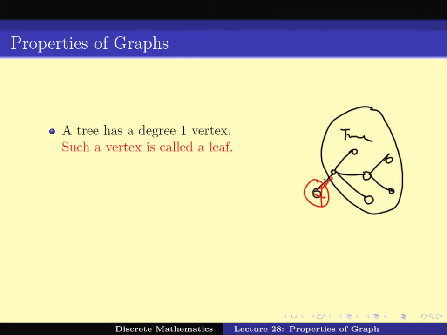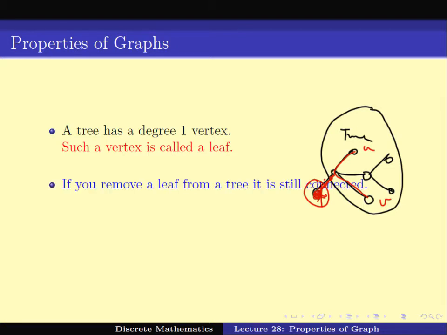The fact is that yes, it will remain connected. Why? Because any path from, say, U to V cannot use this vertex, so it must go via a path without using this vertex. So if I remove this edge, no pair of vertices is disturbed. The only pairs that get disturbed are those involving this particular vertex, which I have removed, so the rest of the graph is still connected.